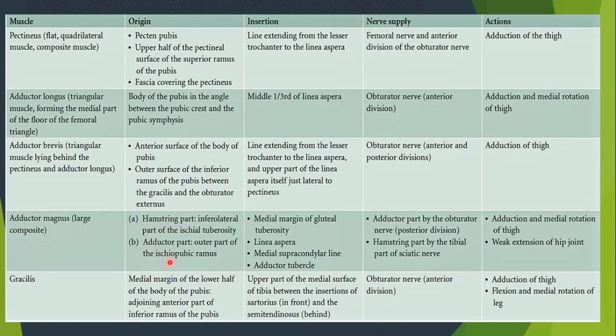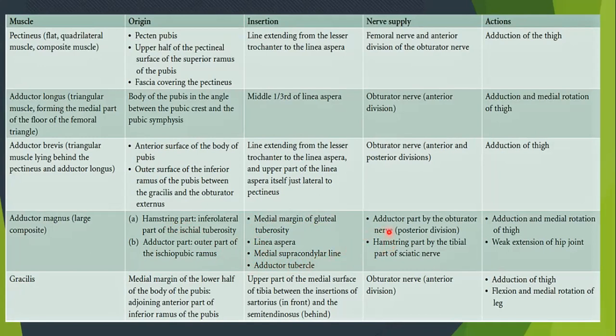Today we are looking at the adductor component, which originates from the outer part of the ischiopubic ramus to insert into the medial margin of the gluteal tuberosity, the linea aspera, and the medial supracondylar line. The hamstring component is the one which inserts into the adductor tubercle.